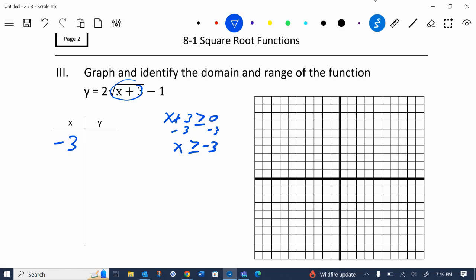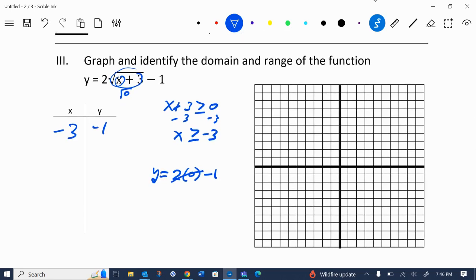And so -3 put in this spot would give you a square root of 0, which is perfectly good. Then let's write that out: we get 2 times the square root of 0, which is 0, minus 1. Since that's 0, we get a -1. Now let's not do -4, because if we put a -4 in here, we'd get a negative number under the root. So instead, we're going to put in a -2.